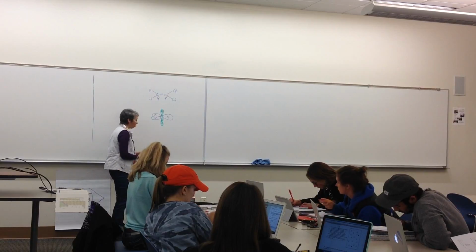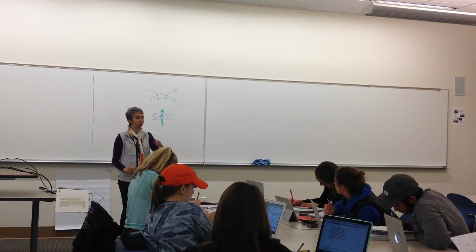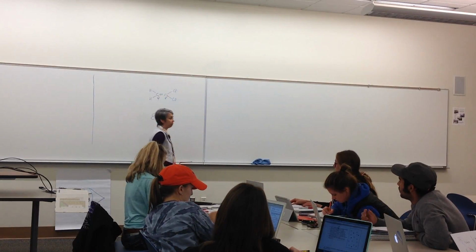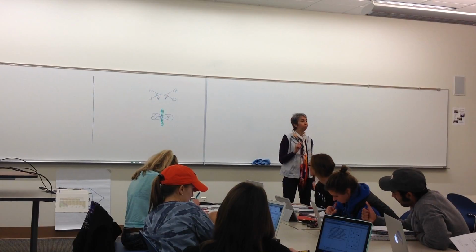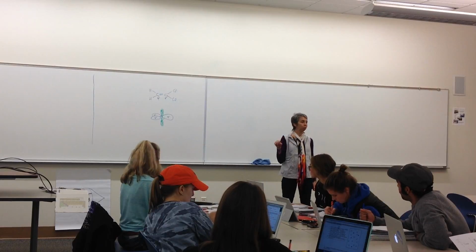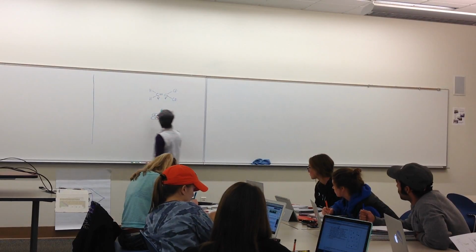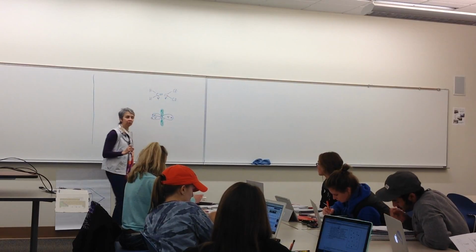How many bonds does carbon need to form? What'd you say? 4 total bonds. How many valence electrons does carbon have? 4. So it's going to have to put 1 electron in each of these orbitals so that each orbital can be involved in a bond. Find that? So we're going to put 1 out here, 1 out here, 1 out here.